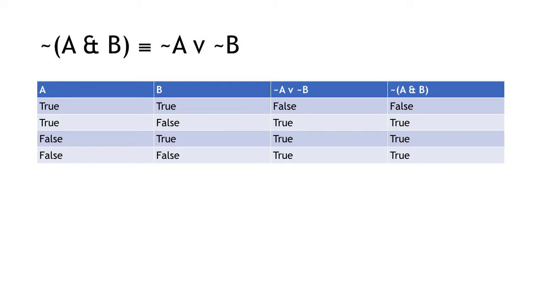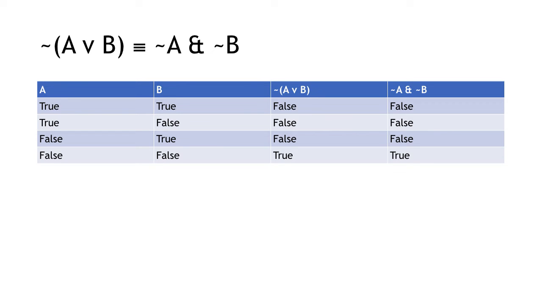Anytime not A or not B is false, not (A and B) is also false. Anytime not A or not B is true, not (A and B) is also true, right? They are true and false in exactly the same cases. Every single line, they have the same, what we call truth value, right? When one's false, the other one's false. When the other one's true, the other one is true, right? Same goes for not (A or B).